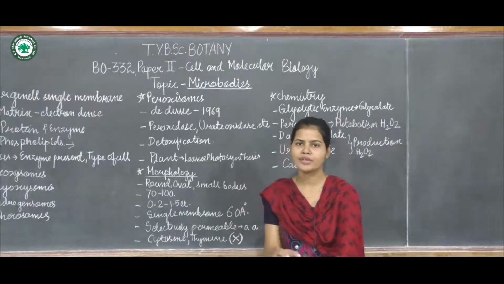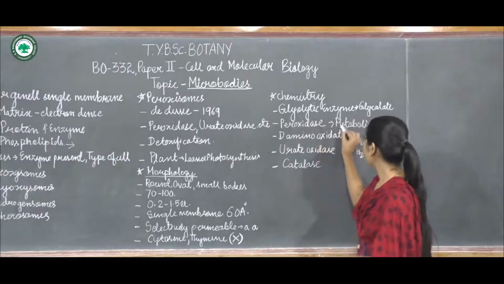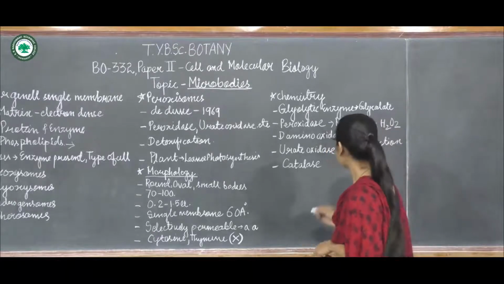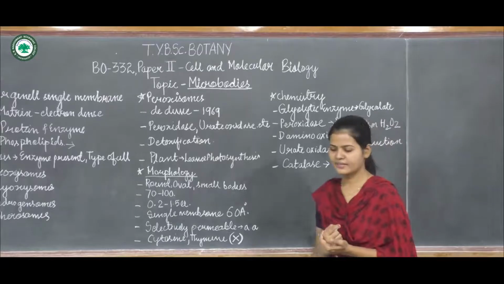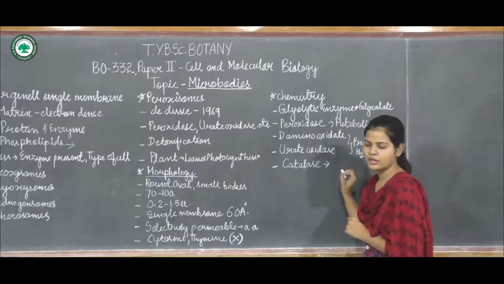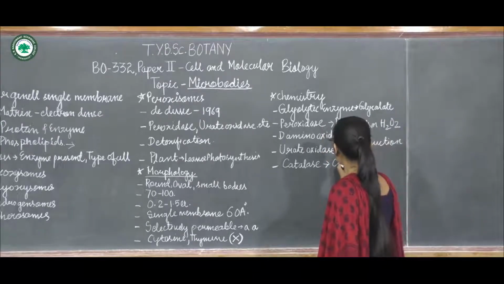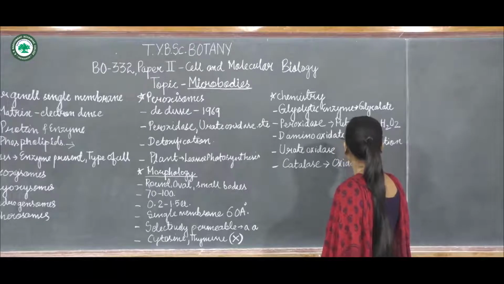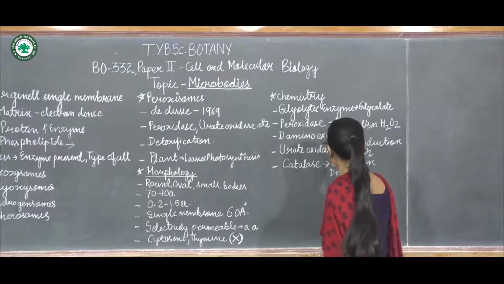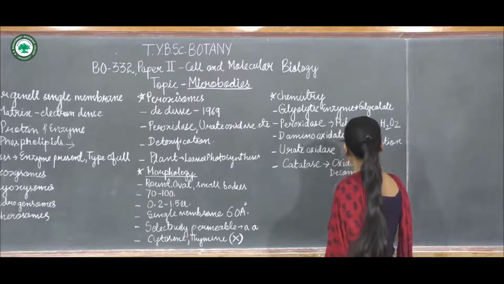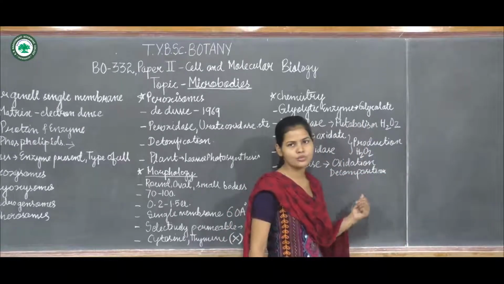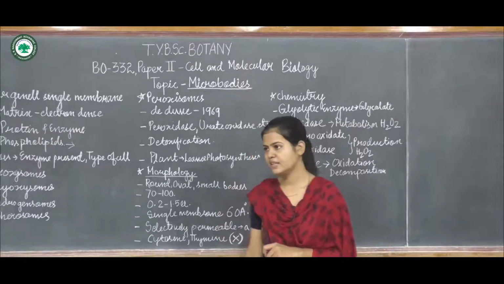These two are involved in the production of H2O2 in the cell, and this catalase oxidizes and decomposes the hydrogen peroxide to remove the toxic effect in the cell. So it is involved in the oxidation and decomposition of H2O2, and it will remove the adverse, or harmful, effect of the H2O2 from the cell. Now we will see the functions.